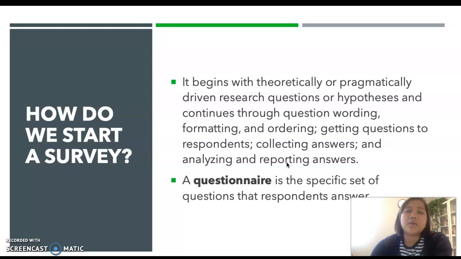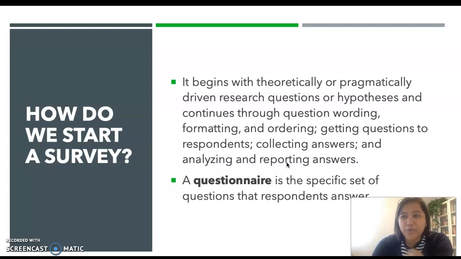We cannot make that causation or say that there is a causal relationship between this and that. So instead, the kind of questions that you can formulate for a survey are pretty straightforward questions. And we are going to develop a more detailed guideline on the kind of questions that you can ask for surveys.